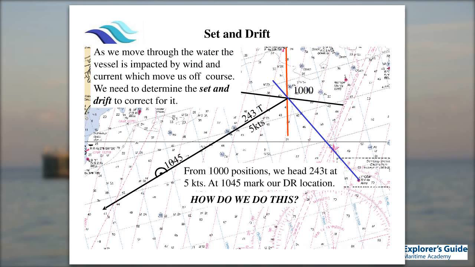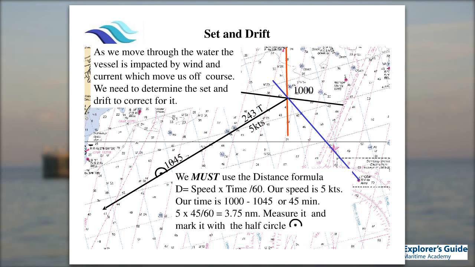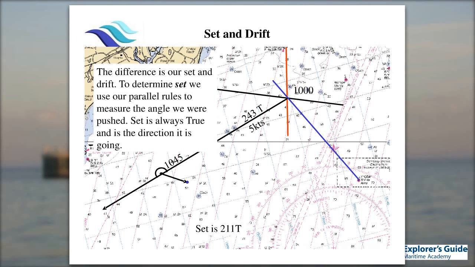Remember, that's our theoretical position. It's simply based on speed and time, which equals our distance. So at 1045 is our theoretical position. That's why we also have the half moon shape. We should be there. And again, we're doing our math to calculate where we should be.